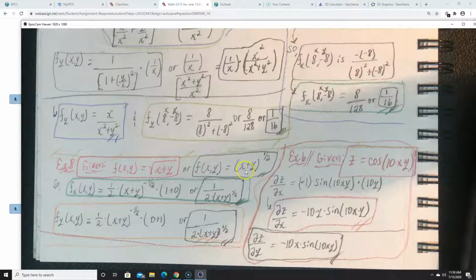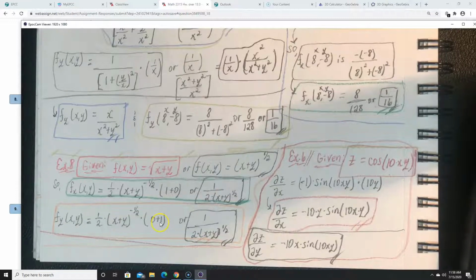But now you differentiate the inside with respect to y. So what's the derivative of x with respect to y? Well, x is considered a constant, so the derivative of a constant by itself is 0, plus the derivative of y with respect to y is just 1.